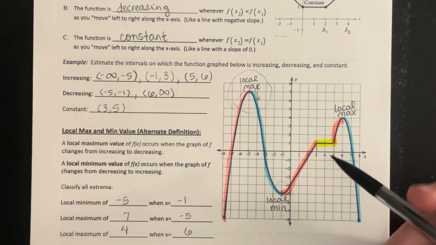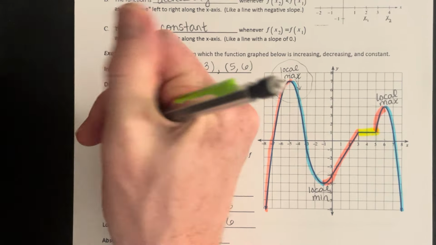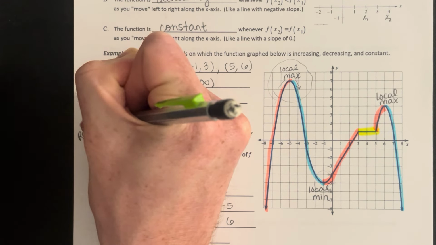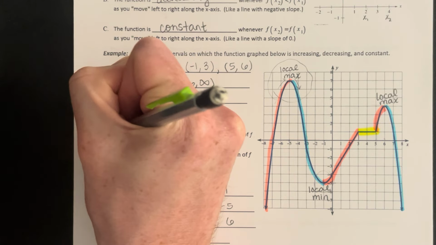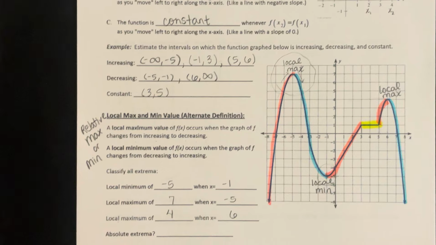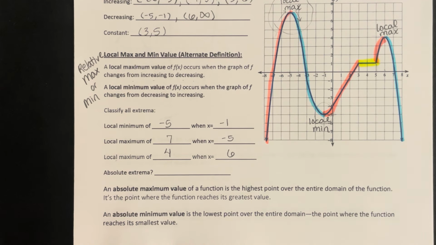Another name for a local max or local min is also a relative max or min. And that would just mean relative to that location, that is the max or min.